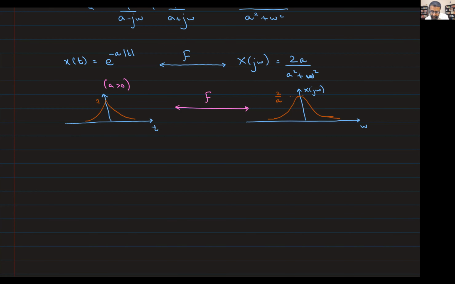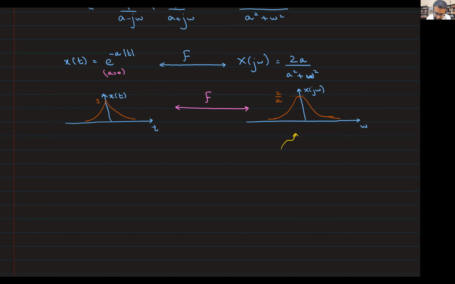Now, the question here is, what does this mean? When you look at this x of j omega, remember, there's always a one-to-one relationship between x of j omega and x of t, right? So you have this x of t here. So when you look at this x of j omega, what does this mean?